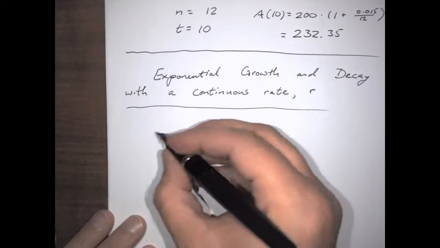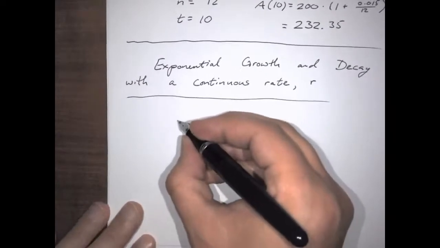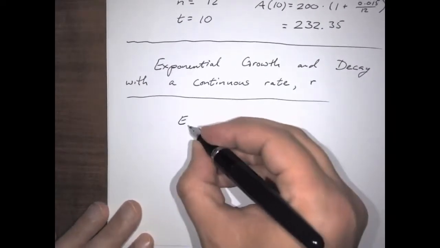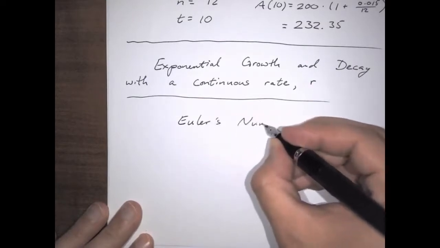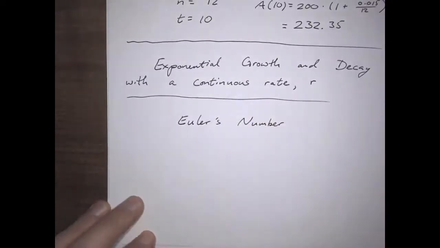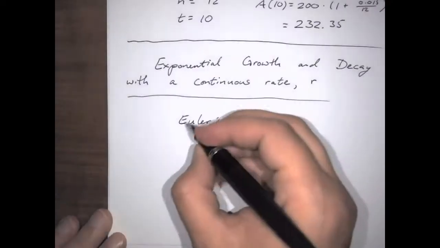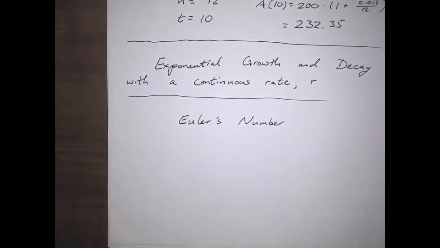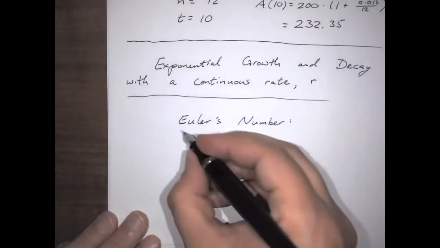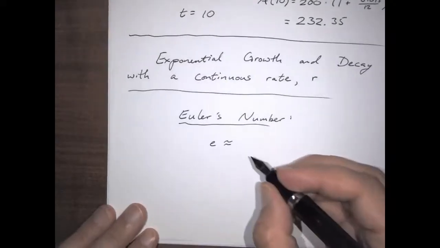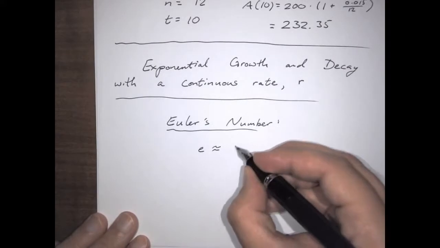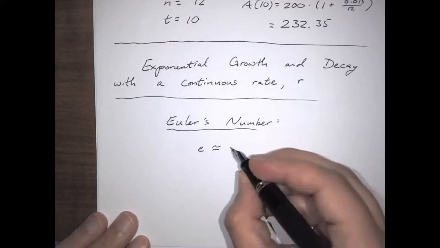So the ingredient here is something first off called Euler's number. It's pronounced Euler, like as in the Houston Oilers, but spelled E-U-L-E-R. Euler's number is represented with an E, and what it actually means will come out after a bit of use.